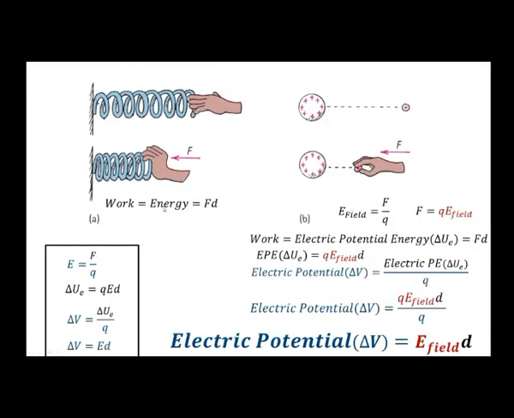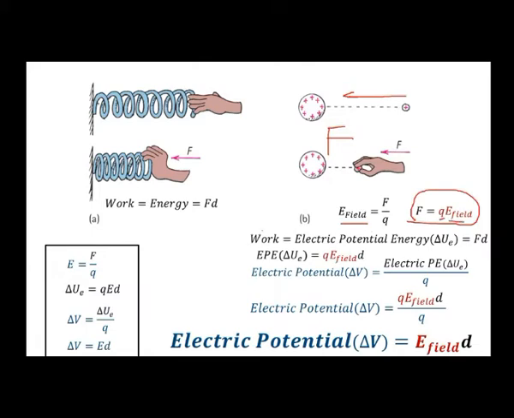So again, in terms of equation, the more we push the object, the greater also is the repulsive force between them. In terms of electric field, this is our formula: electric field is equal to force divided by Q. And if we rearrange that, force is equal to number of charge times the electric field.